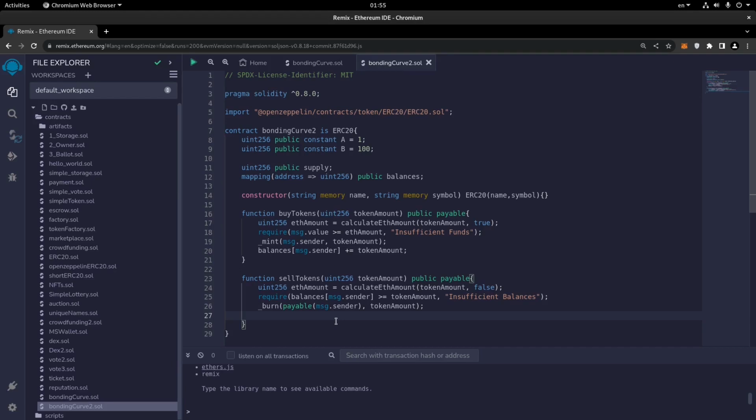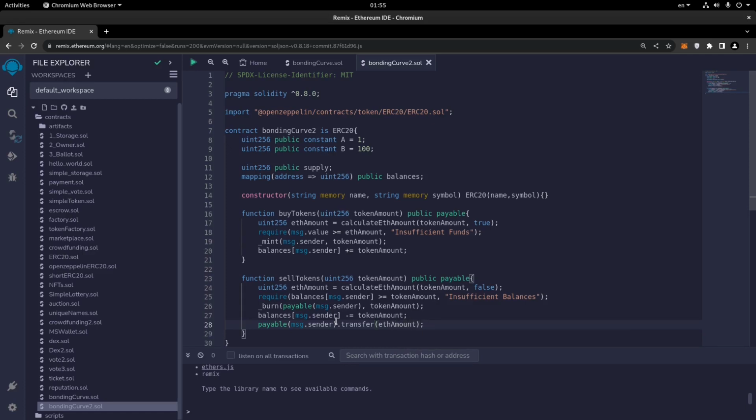So now in the end we will transfer the amount of Ethereum to the person, and also before that we should decrease the balance of the msg.sender, so minus equal to the token amount, and then we'll have payable(msg.sender).transfer(ETH amount).